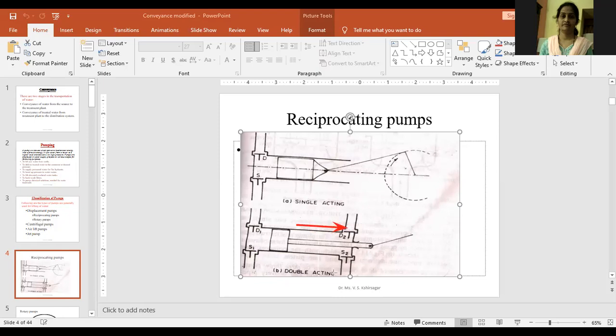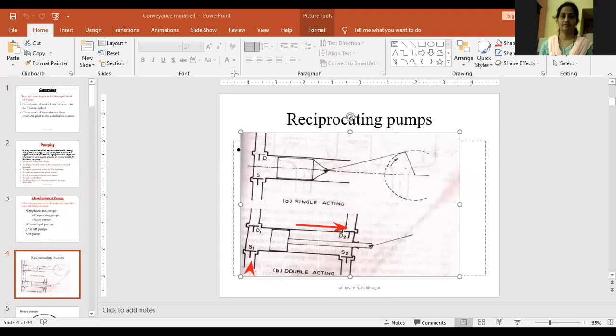And these D1 and D2, these two valves are allowing the water to move forward in a forward direction. This is the collection system. This is the displacement system, or you can say distribution system. So in a collection system, S1 and S2, how do they work?